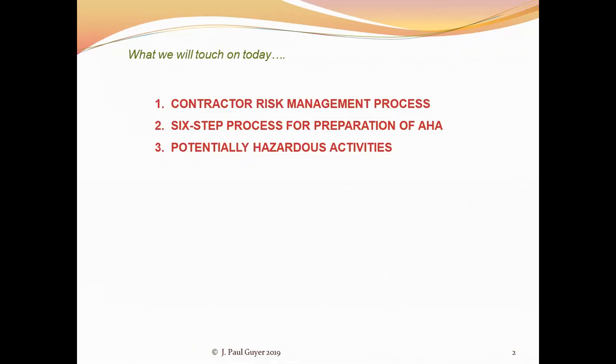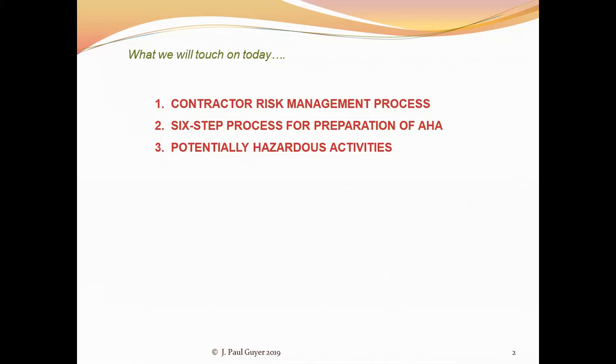So this is not rocket science, but it does require a bit of time and effort and thinking. And so what I'll be talking about today is, to a degree, a 6-step process for preparation of an activity hazard analysis piece of paperwork for a project.